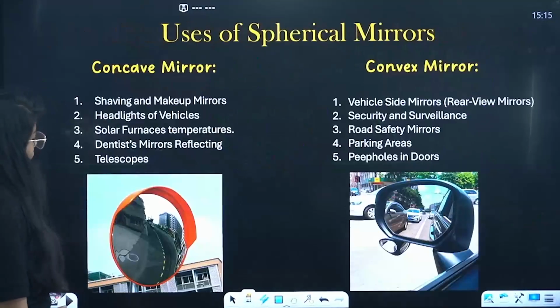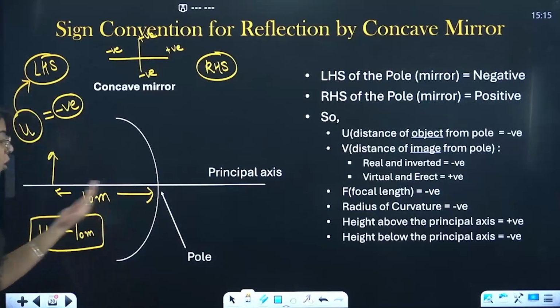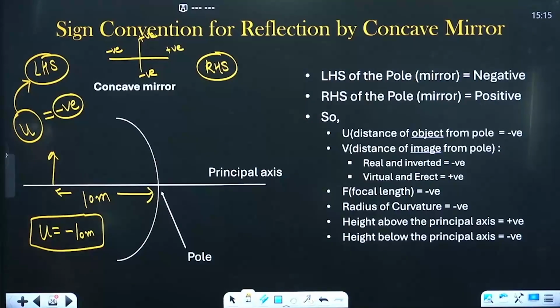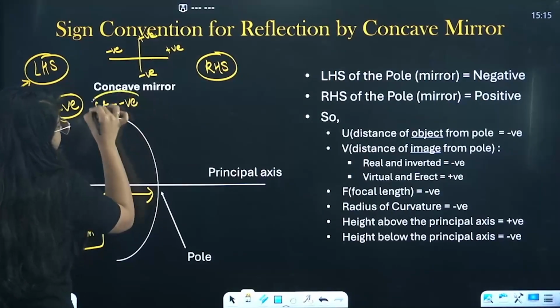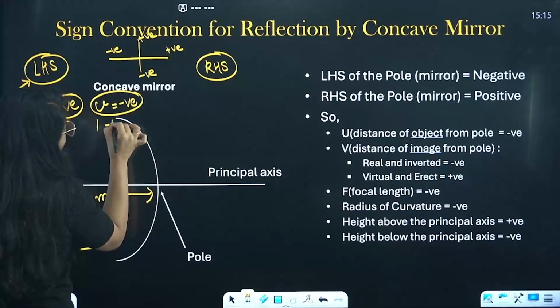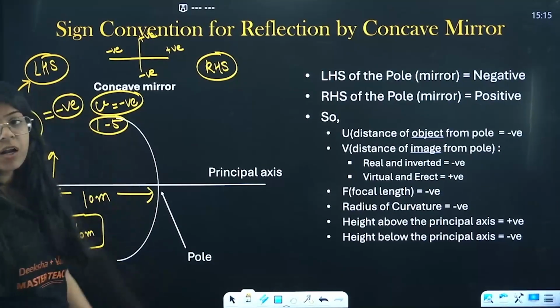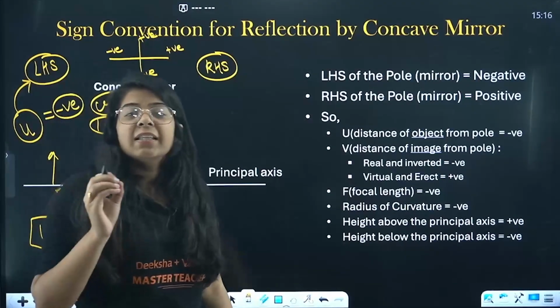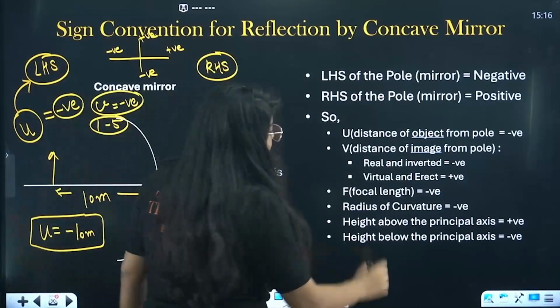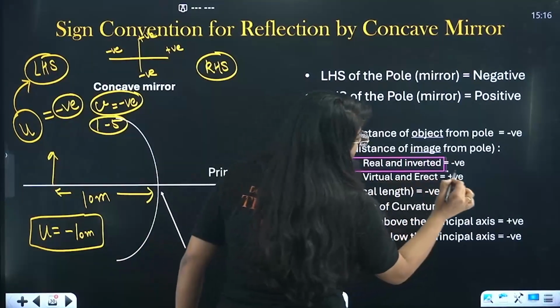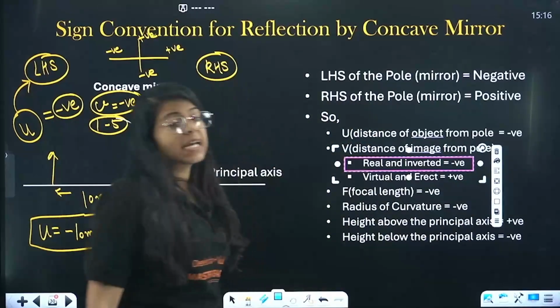So all the images were formed on the left hand side. They were real and inverted. So v, the image distance, is also negative for first to 5 cases. Done? See carefully. The image distance for real and inverted is negative.